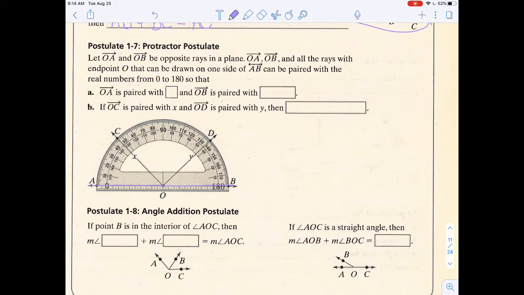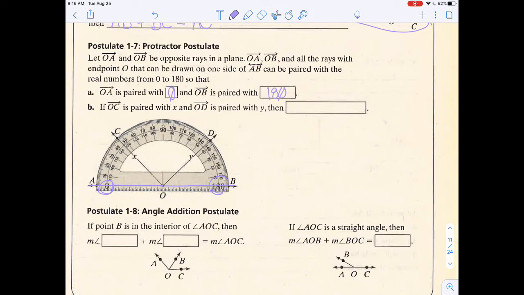Those on one side of line AB can be paired with the real numbers from 0 to 180, so that ray OA is paired with 0. If you look, here's the number 0, that's how many degrees that is. And ray OB is paired with 180 degrees. It's just showing you angle measures.